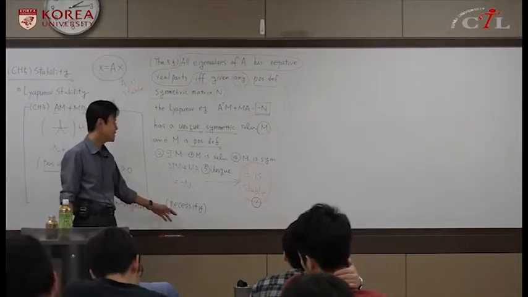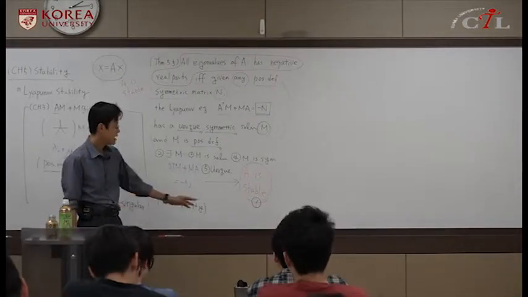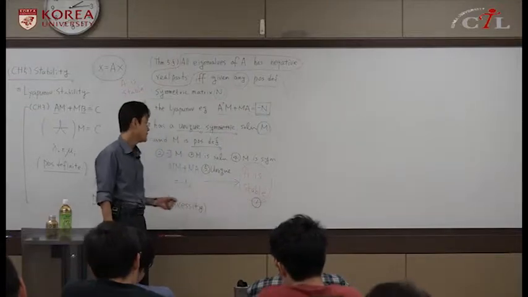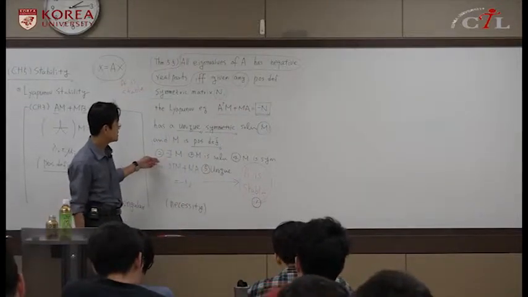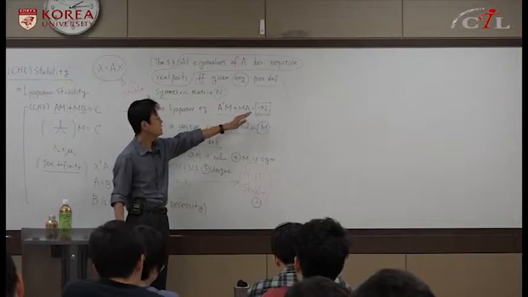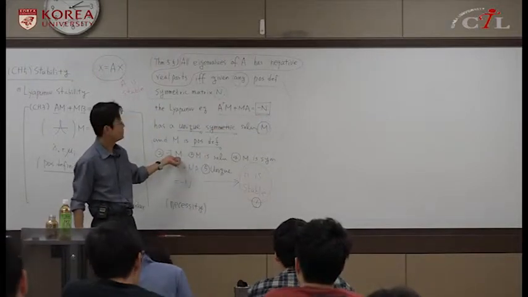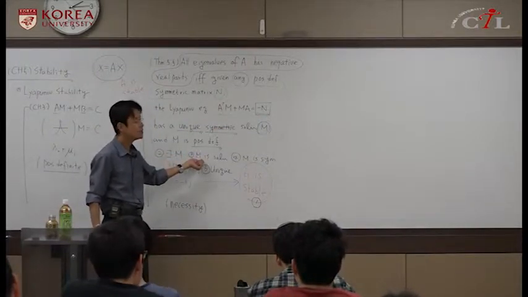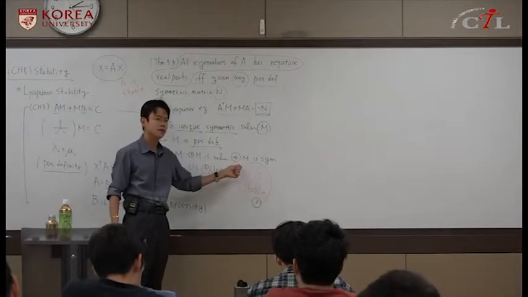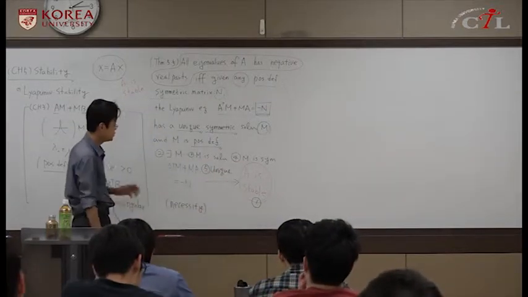Assume that A is stable. Then we will see whether there exists such an M for any given N, and that M is a solution, that M is symmetric, and that M is unique. We will see one by one.